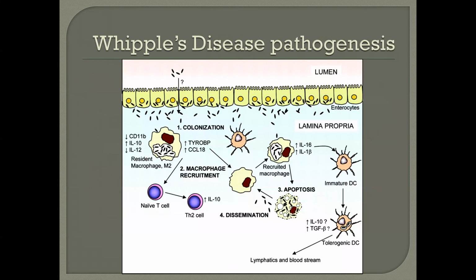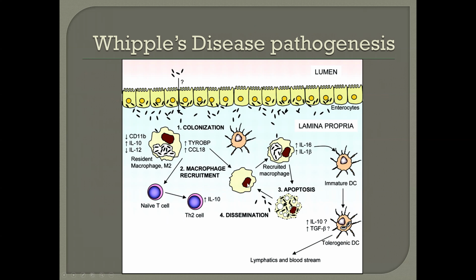Just to review the life cycle here, these organisms colonize the GI tract, come in from the lumen, and then they're taken up by macrophages, which engulf them. That leads to cytokines being released, recruiting other cells into the area, macrophages and so forth.